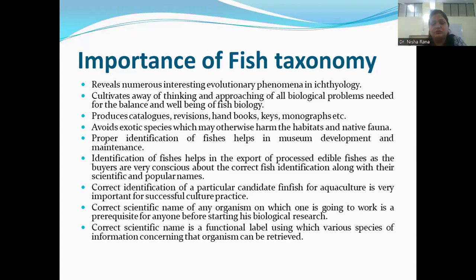Then you can also do molecular identification, molecular taxonomy, and molecular phylogeny. If on molecular phylogeny it is closely related to another fish species, then you can say my species is closely related to the previous one.